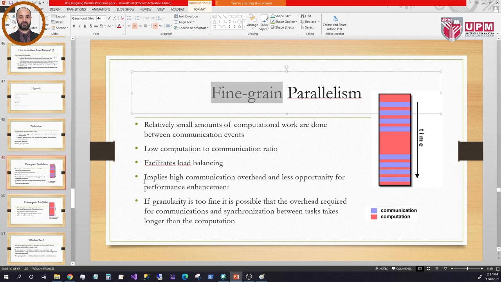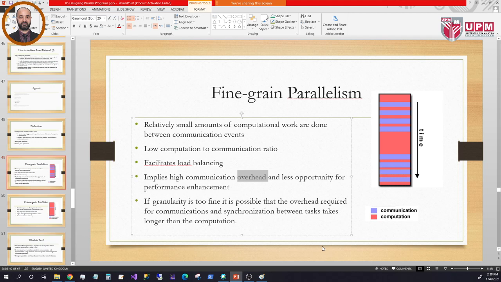Okay? This fine granularity implies high communication overhead. So it improves the computation, but it also introduces high communication overhead, because all of those threads need to communicate with each other. The communication will create an extra overhead, and there will be less opportunity for performance enhancement if we make the granularity finer than we need.